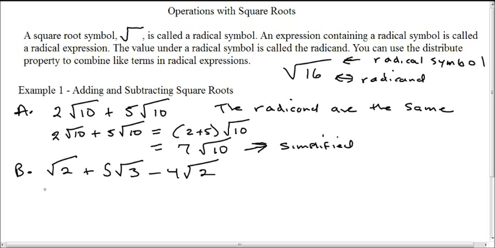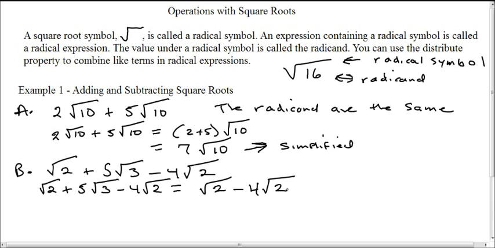So the square root of 2 plus 5 times the square root of 3 minus 4 times the square root of 2 is going to equal the square root of 2 minus 4 times the square root of 2 plus 5 times the square root of 3. Again, I used the commutative property to switch these.